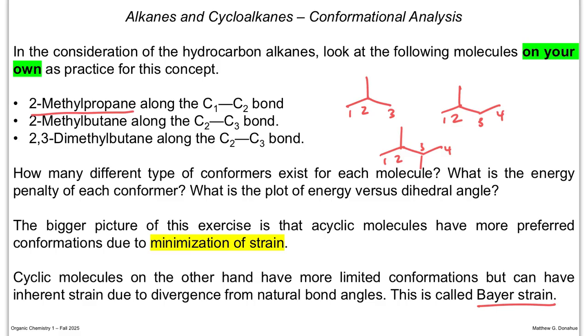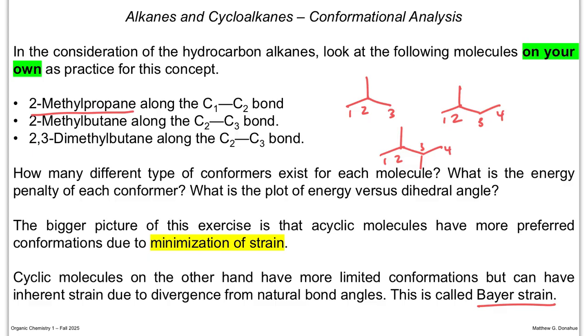So the reason that we're doing this connected to the acyclic. So acyclic, there's no ring. The sigma bonds rotate. When we move into a cyclic system, the terminal carbons have been linked together. And so you're limiting the degrees of freedom. But also based on that, depending on the ring size, you're going to introduce another form of strain.